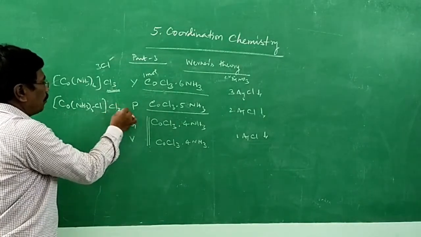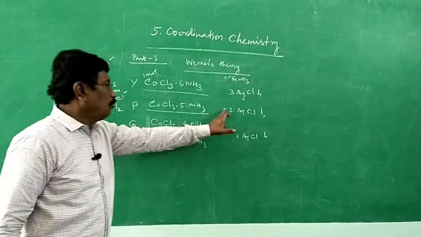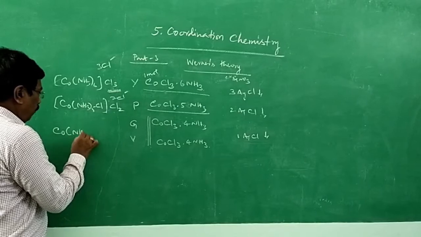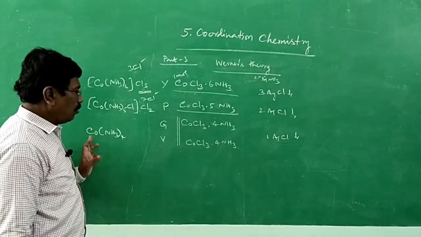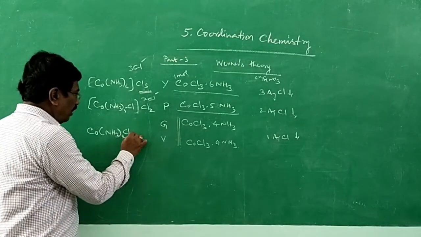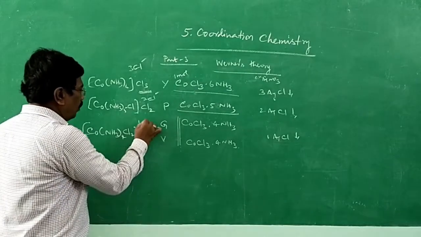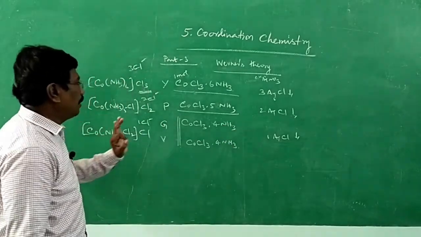Only 2 chloride ions are outside the sphere, therefore 2 Cl minus ions per mole, therefore 2 AgCl. In both these compounds, we have only 4 ammonia within the coordination sphere, but the coordination number of cobalt is 6. So 2 more chlorine enter the coordination sphere, and only 1 is outside the sphere, therefore 1 Cl minus, therefore 1 AgCl. You will understand this a little later.